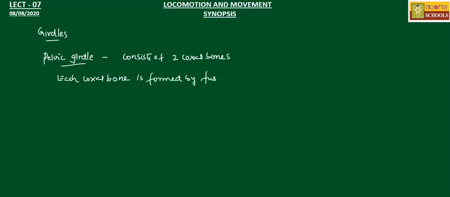This pelvic girdle consists of two coxal bones, and each coxal bone is formed by the fusion of three bones.